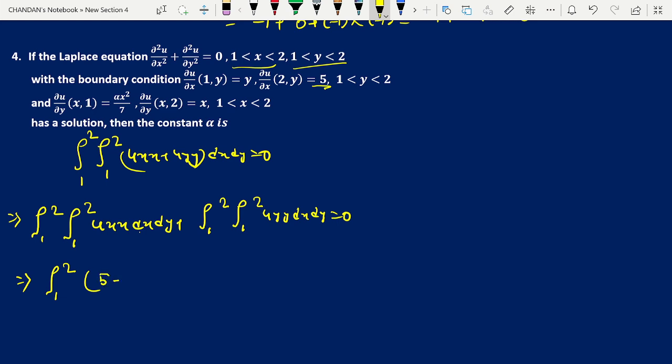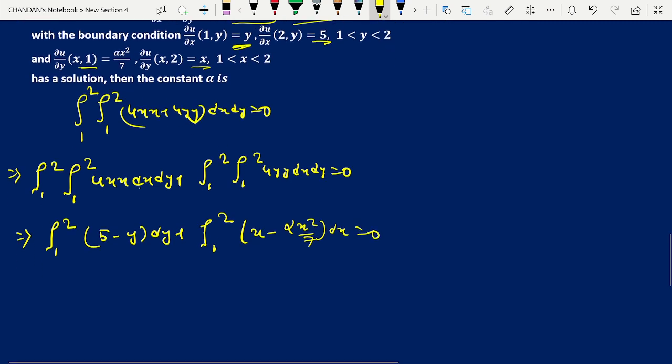Now u_x(1,y) is y, so the integral of (5 minus y) dy. Same thing here: the integral of u_y, substitute u_y(x,2), which is x, and u_y(x,1) is x squared by 7, dx is equal to 0.